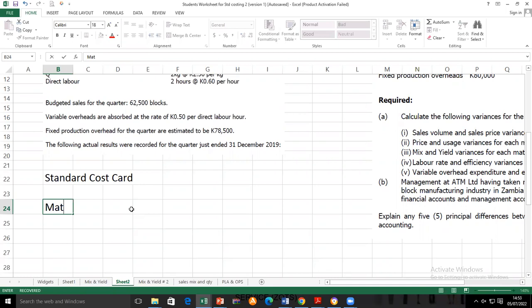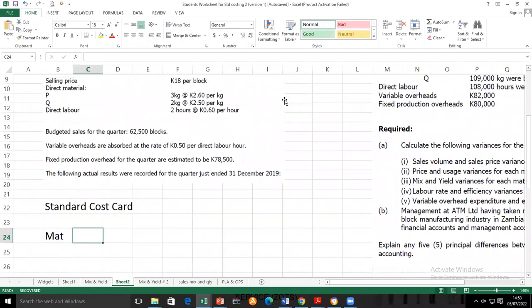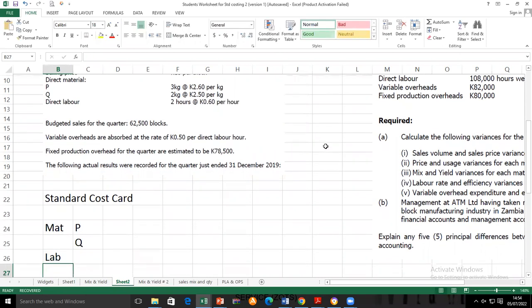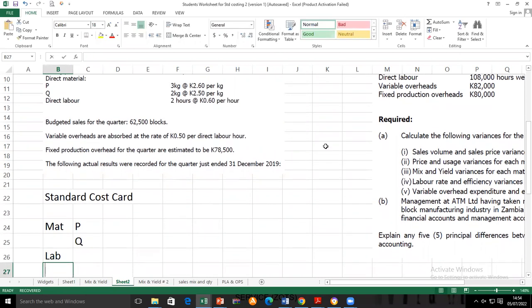Material. What materials do we have? Material P and material Q. Then we've got labor. Then we've got variable overhead.